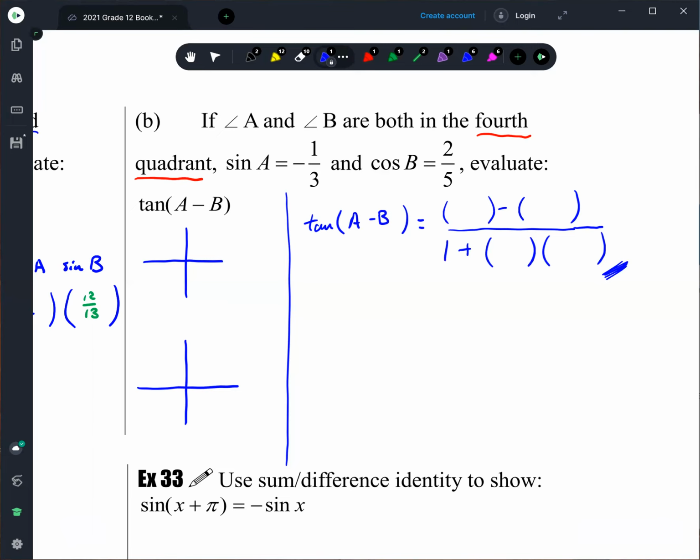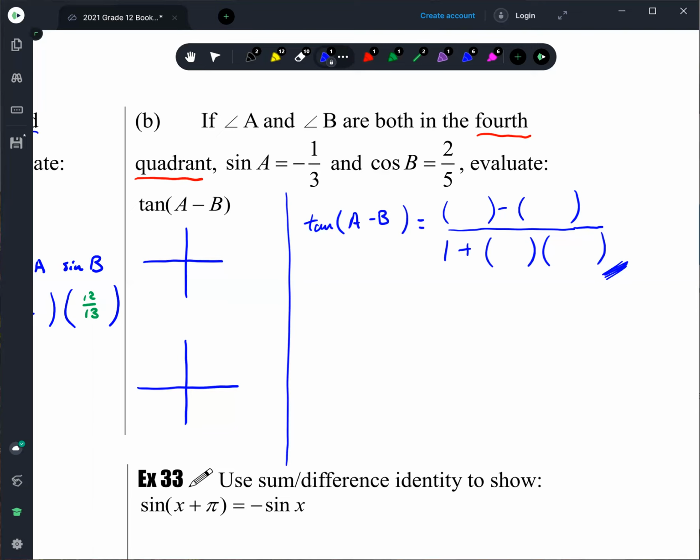We'll go over how to simplify this together. Remember, it's in the 4th quadrant, so some of the ratios will be negative.